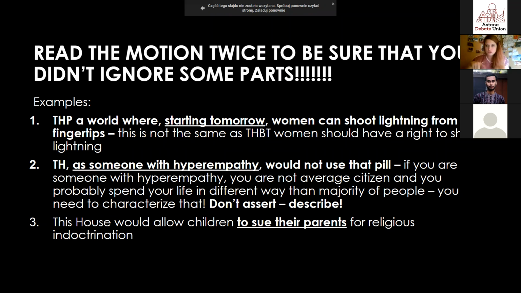In this motion, you can perfectly explain that religious indoctrination is bad. And OP can be like, oh yeah, religious indoctrination is horrible, but imagine suing this parent and making this even more horrible. We have different mechanisms or different ideas how to do this. And then they are literally not engaging with you in the clash, which is important. So you need to be sure that you are explaining the process of suing and not necessarily the problem within the motion.